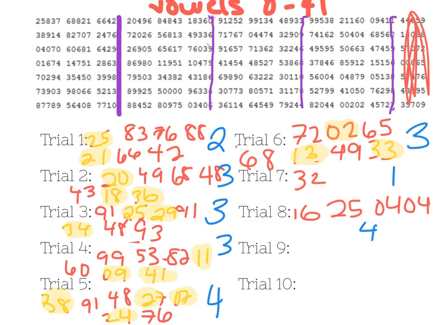And then trial 9. We're going to go down to the next line, down to this line down here. So we have 4 and 7. Let's see what the next ones are. So 4, 7.